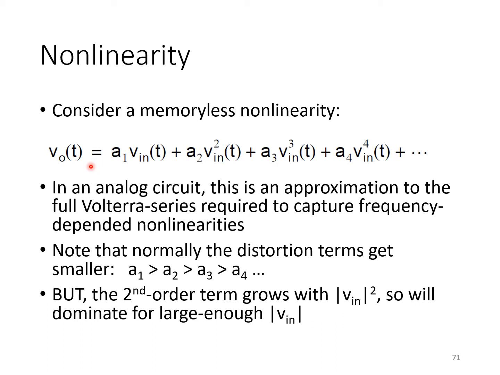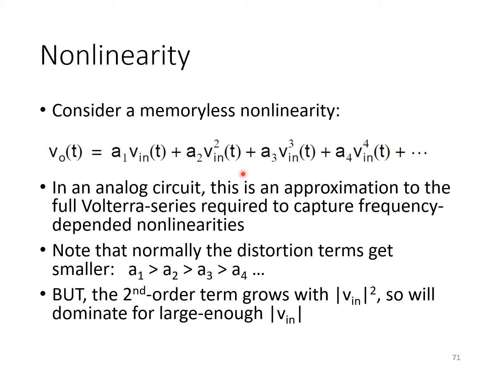of nonlinearities with memory. So normally with a model like this, the distortion terms get smaller. So the linear term is dominant. That's what allows us to, for the most part, assume that the amplifier is a linear system. The coefficient A1 is usually the largest coefficient, and A2 and A3 and A4 get smaller and smaller as we go down, including more and more terms in the nonlinear relationship.